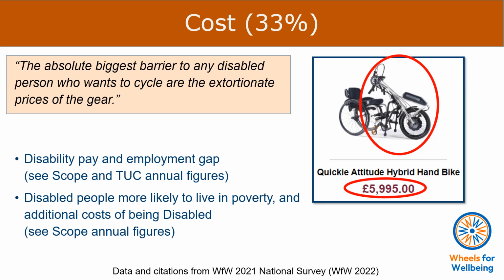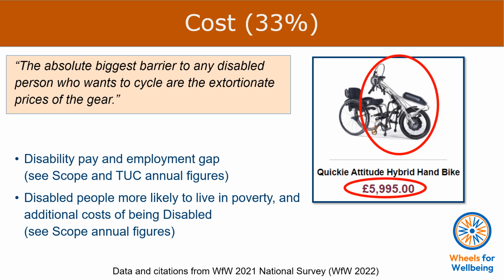So disabled people are less likely to be in paid employment, and they are more likely to be in lower pay than non-disabled people. And Scope and the TUC publish annual figures around both the disability pay and employment gap. So if you want to check out what the most up-to-date figure is, have a look at both of their websites.